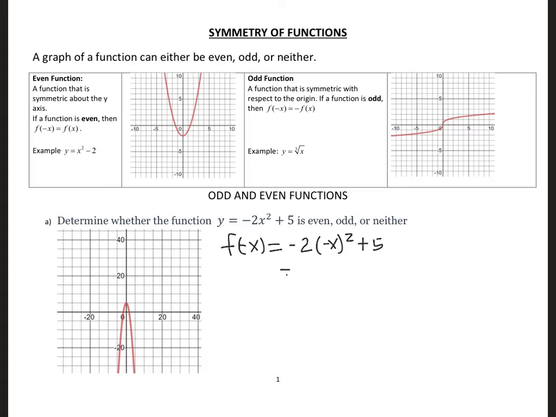And that gives me negative 2x squared plus 5.